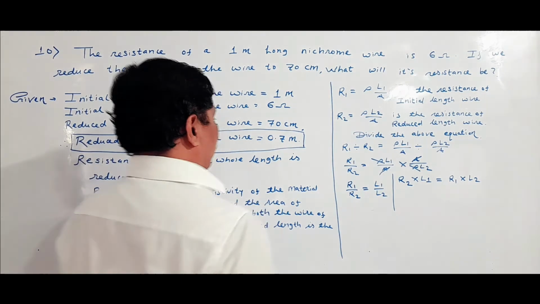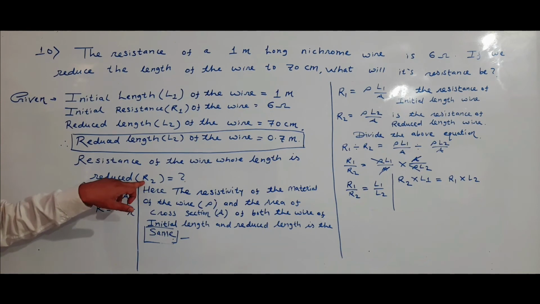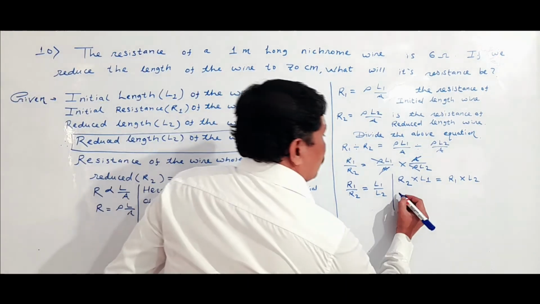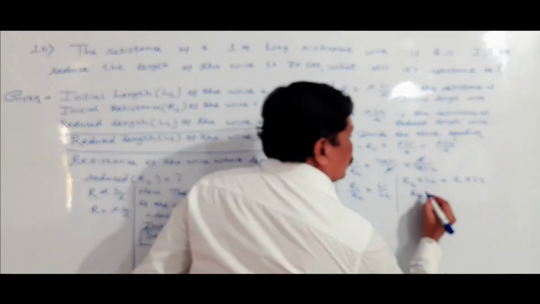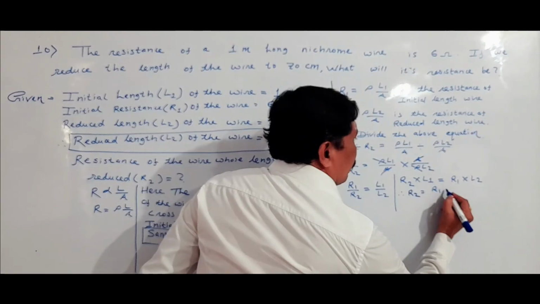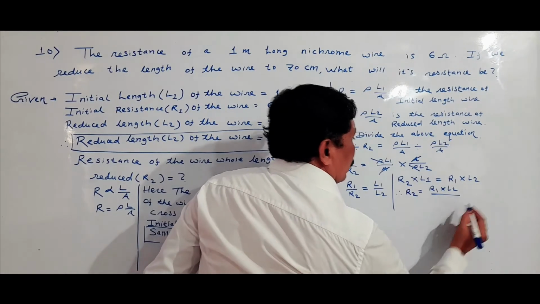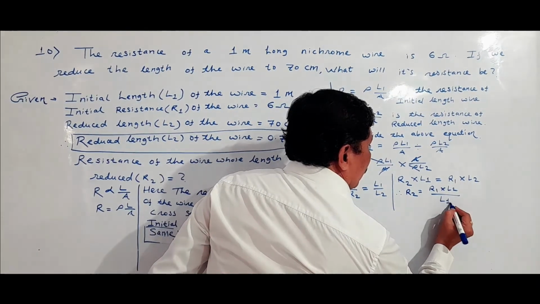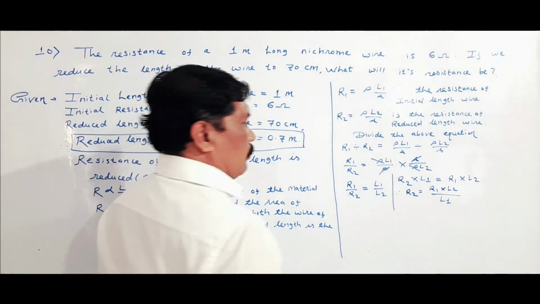We have to find resistance, that is R2. Therefore, R2 is equal to R1 into L2 divided by L1.